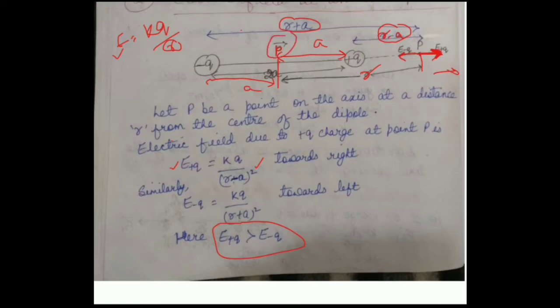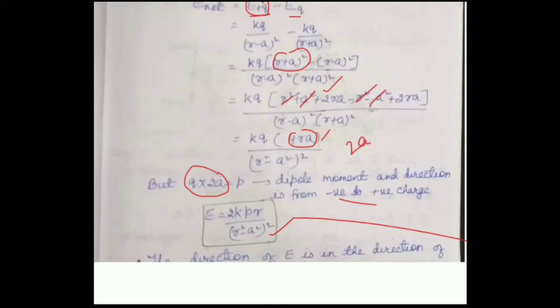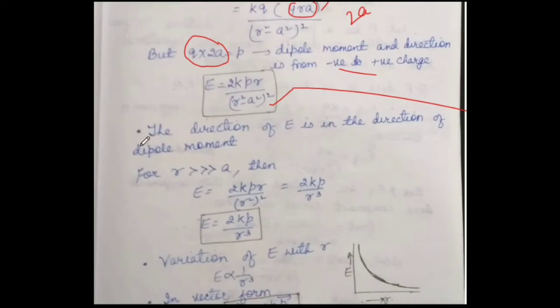So the electric field at an axial position is in the direction of the dipole moment. You can write this. If r is very much greater than a, if the size of the dipole is very small compared to the distance at which the electric field is determined, in that case you neglect this a square, then it only becomes r square whole square, right?